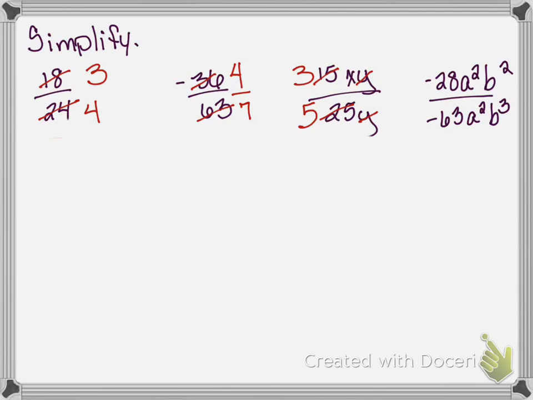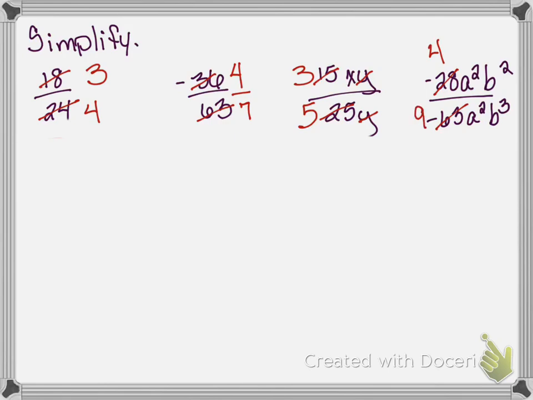I have a negative over a negative. So what's that going to be? A positive. Negative over a negative is going to be positive. What number goes into both 28 and 63? 7. So 7 goes into 28 4 times. 7 goes into 63 how many times?